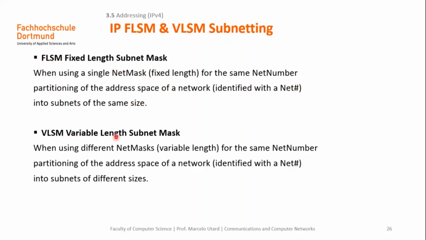In the case of variable length subnet mask, we talk about subnetting with this scheme when using different net masks, that is, different lengths of net mask for the same net number, partitioning the address space of a network identified with a net number into subnets of different size.